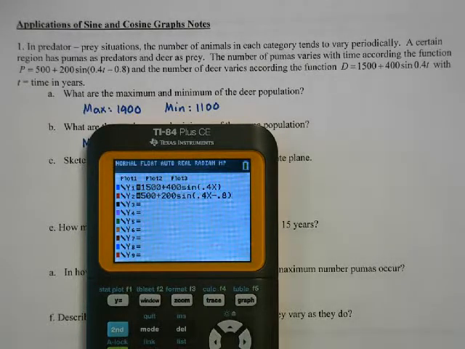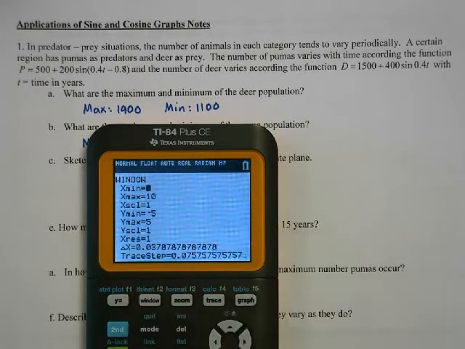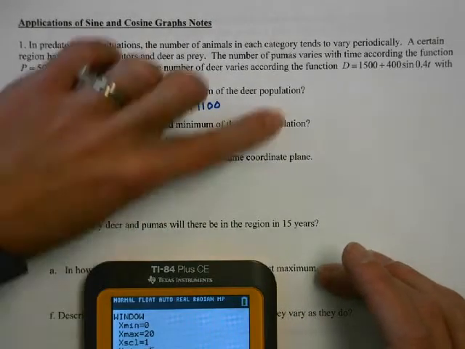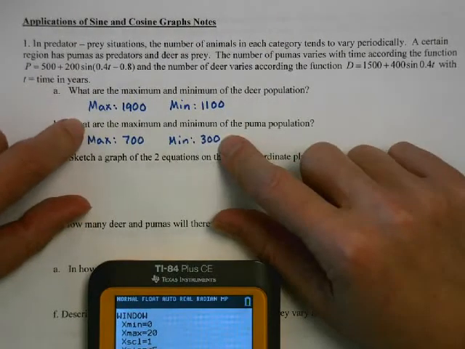The next thing we need to consider is the window. On our x-axis is going to be time. I'm going to go from maybe 20 years, so we go from 0 to 20 because we don't care about negative time. For my y values, we've already established some of the values that we're going to get. The minimum number I'm going to see on my graph is 300.